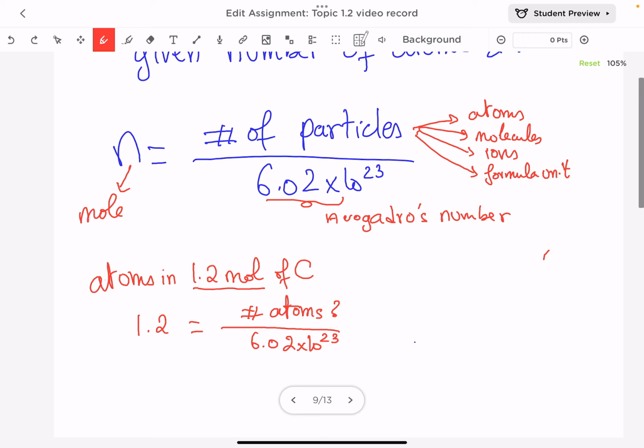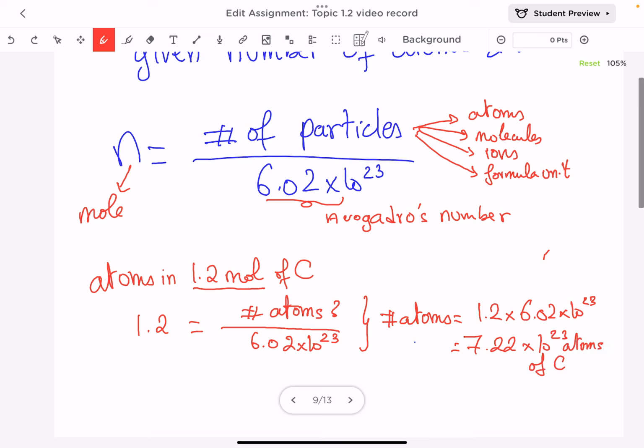So in order to find the number of atoms, we multiply the 1.2 by Avogadro's number. And the answer would be 1.2 times 6.02. It is 7.22 times 10 to the power 23 atoms of carbon.